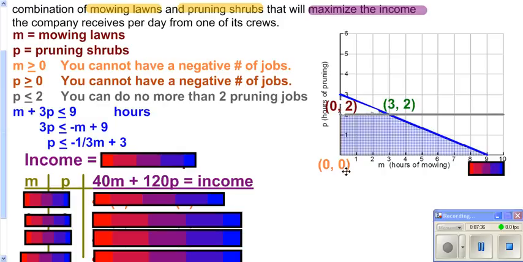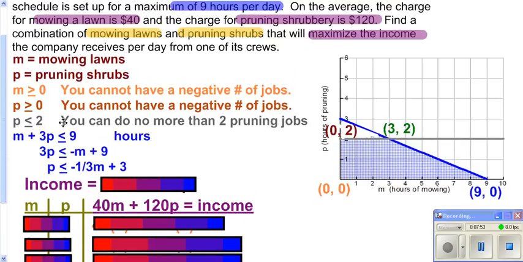Then you can go ahead and find your corner points. So you have this corner point, this corner point, this corner point, and then we have our corner point over here. Now, we're trying to go ahead and maximize our income according to what the problem says.